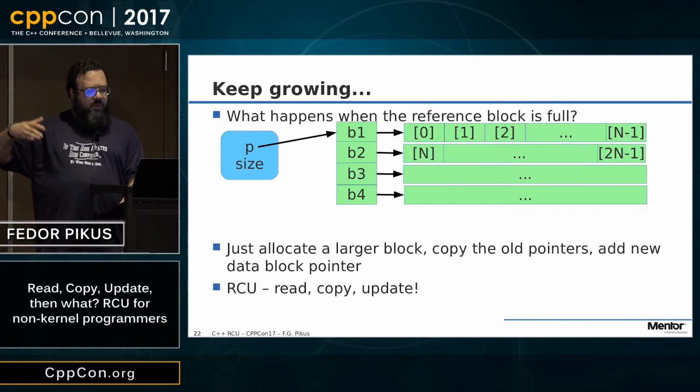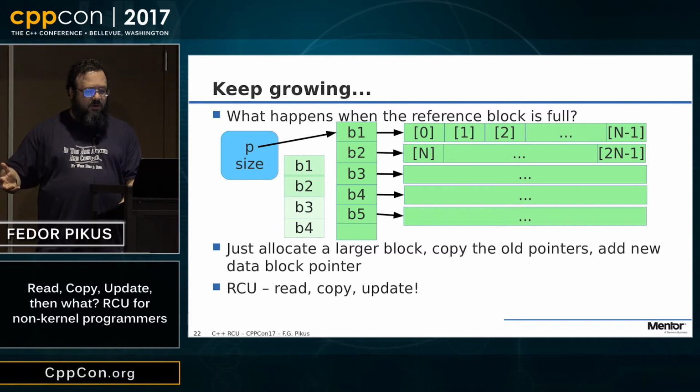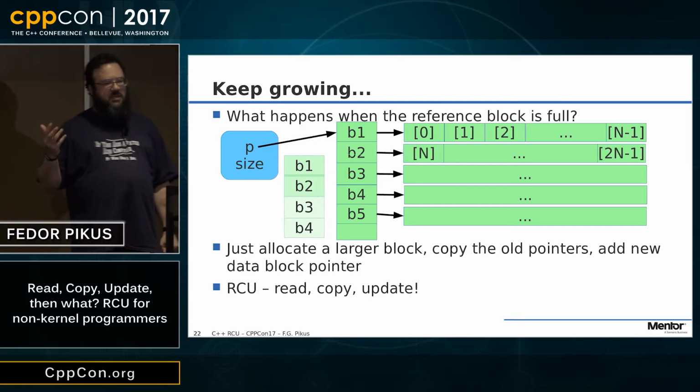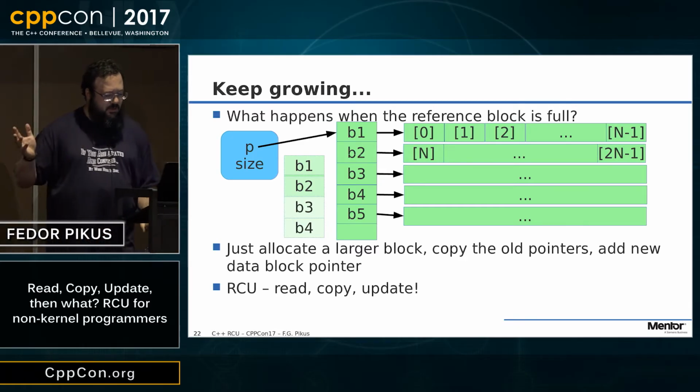Okay, so we keep growing and we keep growing, and what happens when the reference block is full? We don't have space for any more pointers to the data blocks. We do the read copy update. We allocate a new block that's bigger, copy the old pointers, add a new data block pointer, and we're done. And that still doesn't invalidate any pointers or iterators to the data because data blocks haven't moved.